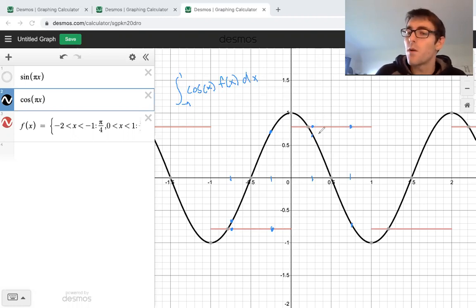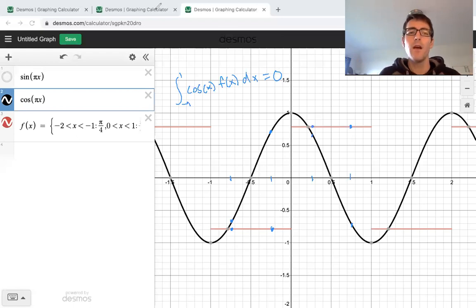The terms that we get here are going to cancel with the terms that we get here. So this thing is actually going to end up equaling 0 if we integrate over all of the values between -1 and 1, indicating that cosine of x doesn't really match up with our f of x, our square wave function, at all.